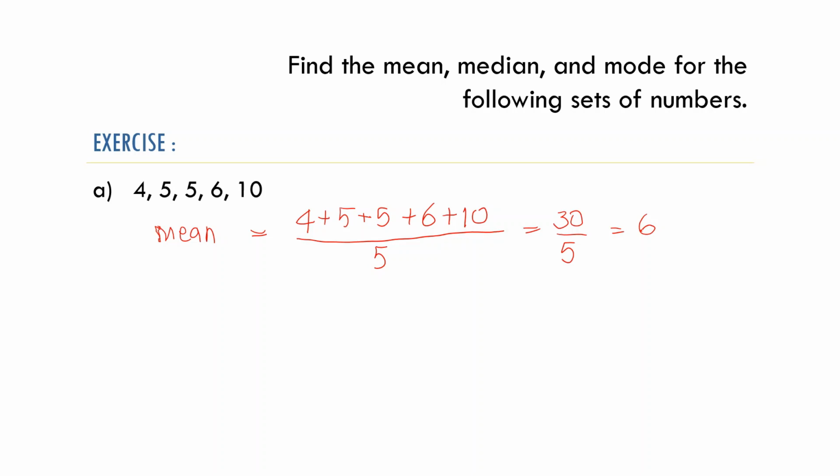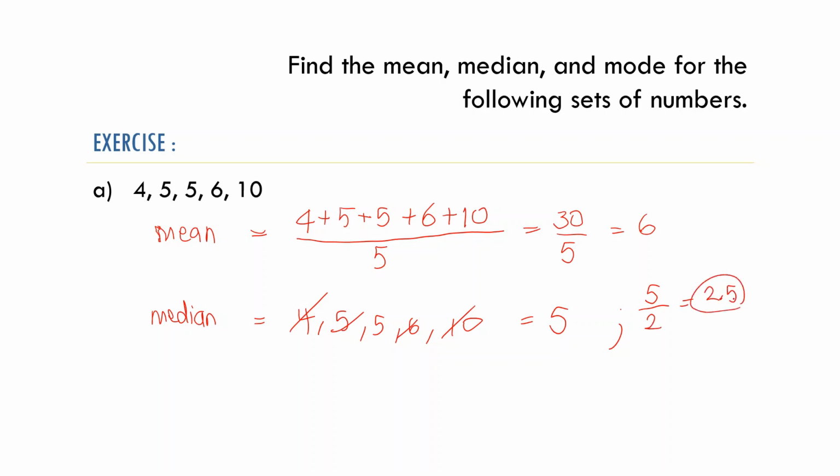And then median. If you rearrange the data, 4, 5, 5, 6, 10, we can cross out pair by pair, so we get a median equal to 5. You can also do it another way. You use the number of data, which is 5, divided by 2, and you get 2.5.